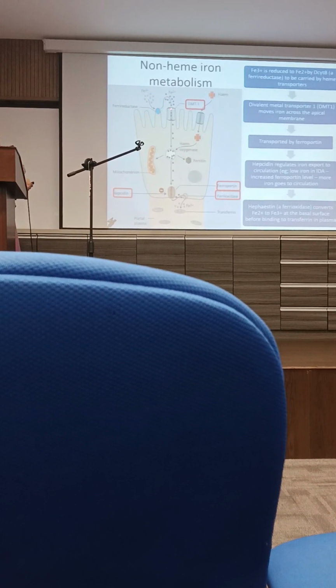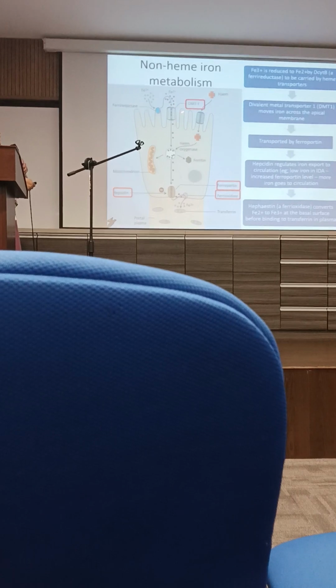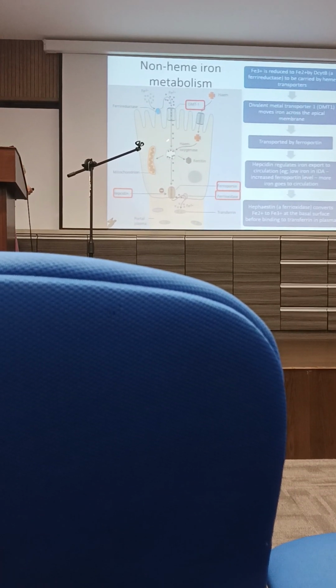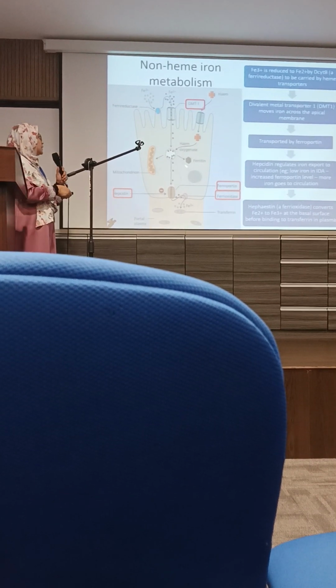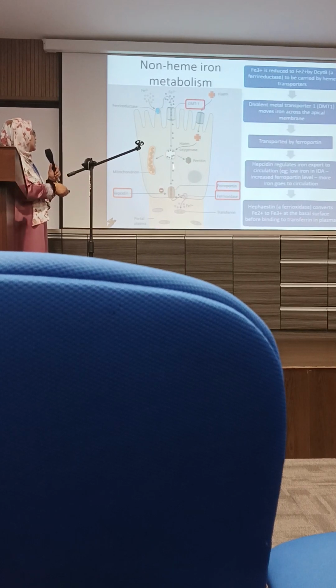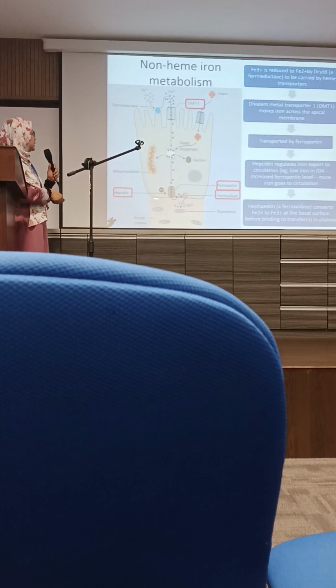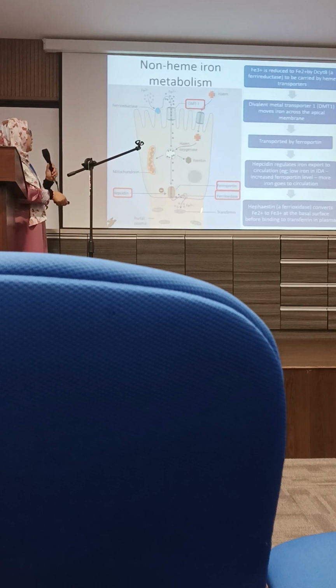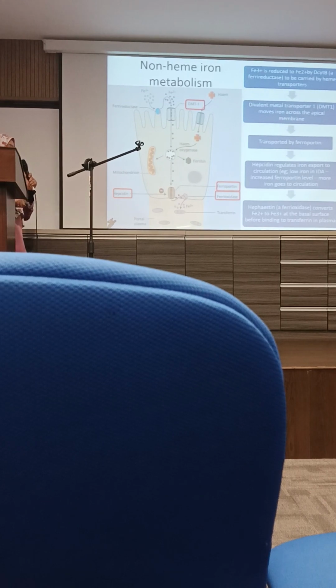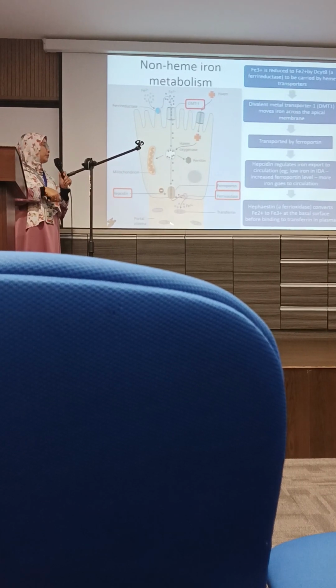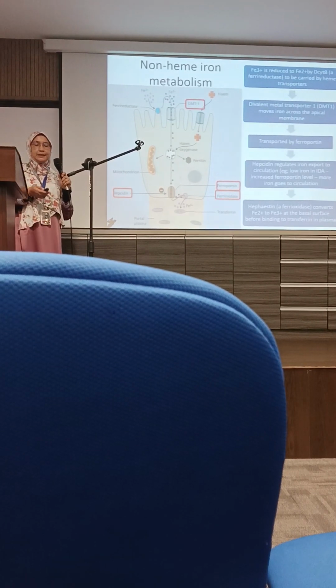So it needs to be reduced and then carried by the transporter DMT1. It moves across the membrane, the same as heme iron just now, will be digested, and some will be stored as ferritin, some will be transported by ferroportin. It can pass through the basolateral membrane and will be transferred to the portal plasma for your functional use. It will be brought to the marrow for processing and so on.